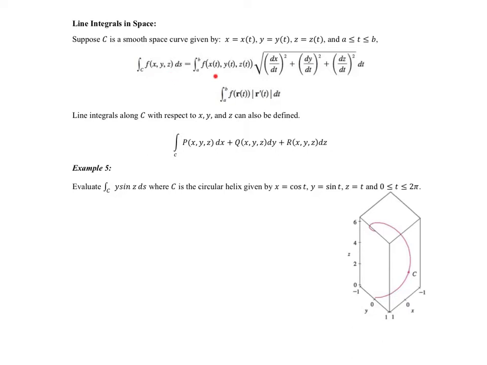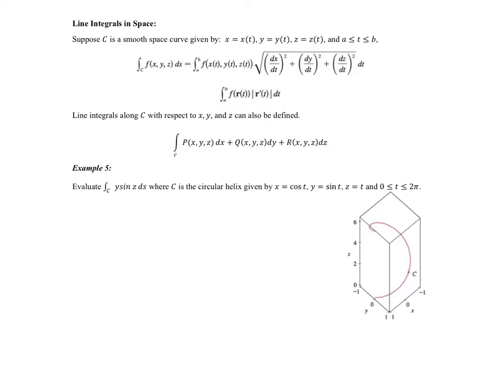We're just going to tack on that element of z, that component, and so the entire formula that we used before is exactly the same except for that additional component. And just remember that this large line integral can be simplified to be the integral in terms of the vector r.